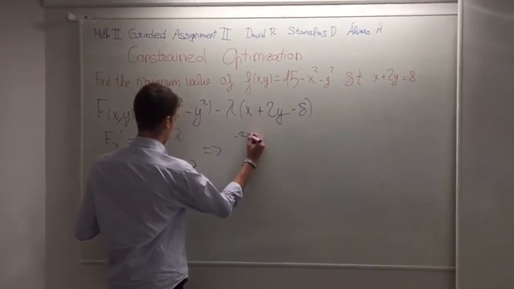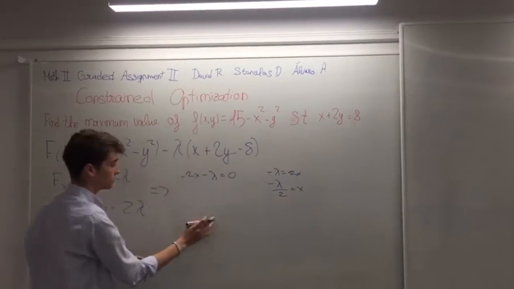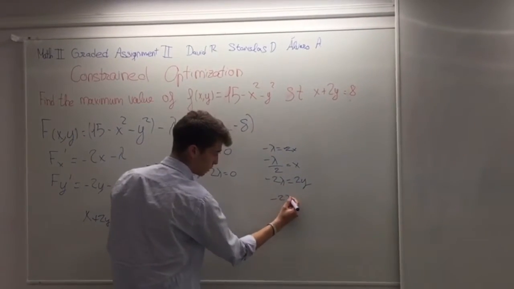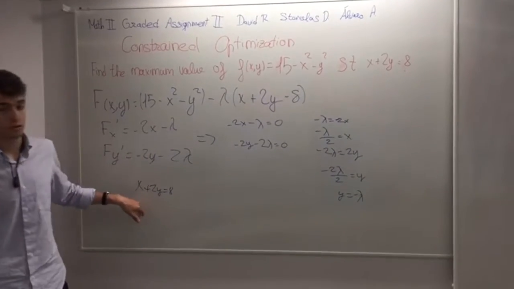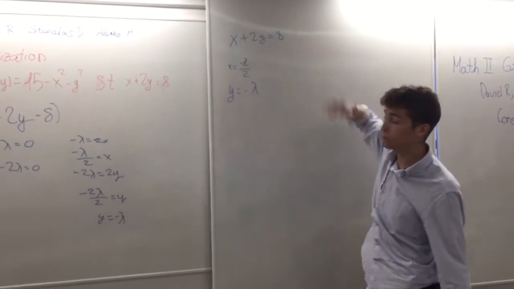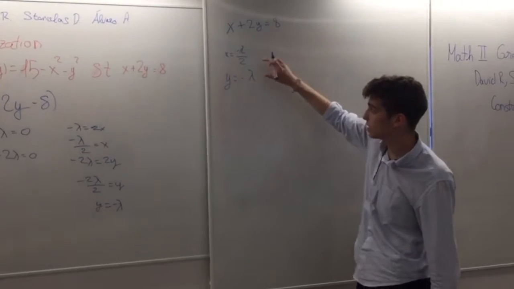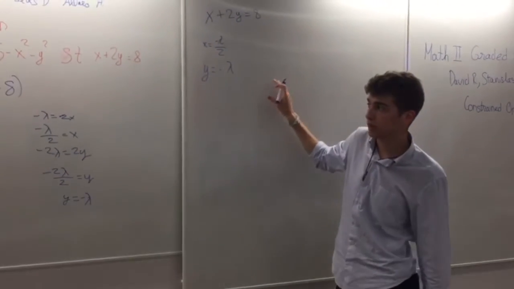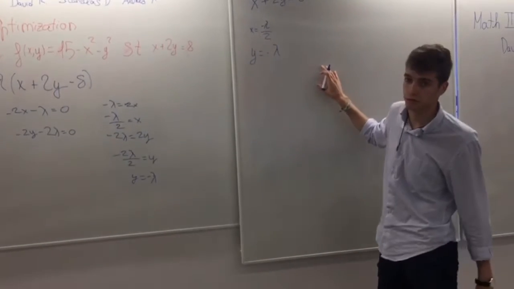So we first do it with x. We would plug it into the constraint function. If we plug the values that we obtain into the constraint function, we will obtain the value of lambda. And if we plug the value of lambda into these values, we will obtain the maximum value that we can then plug into the main function.